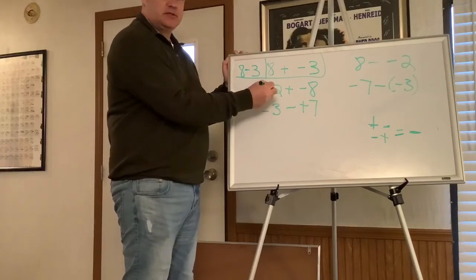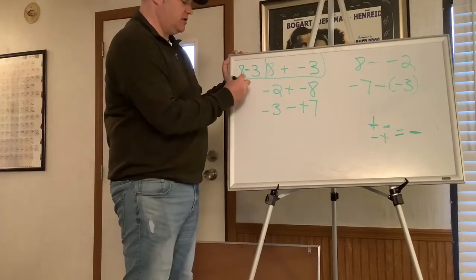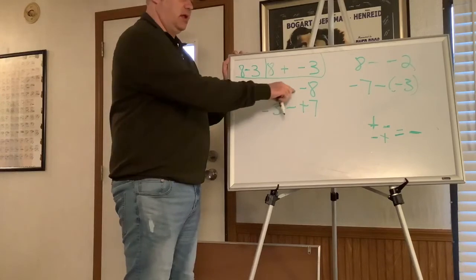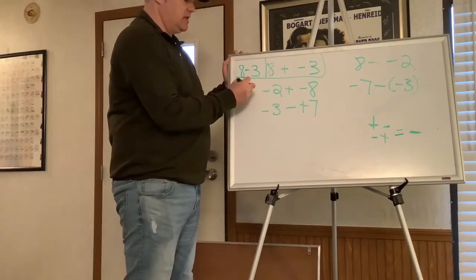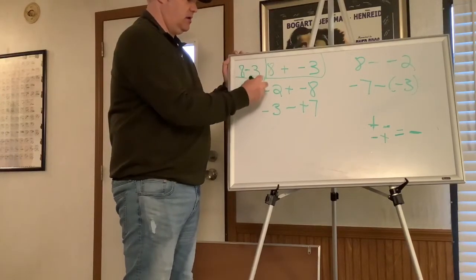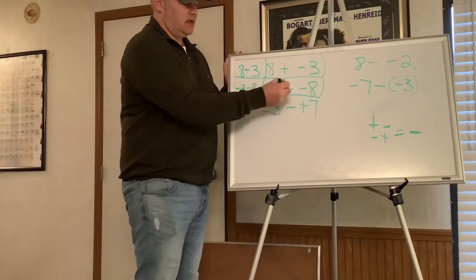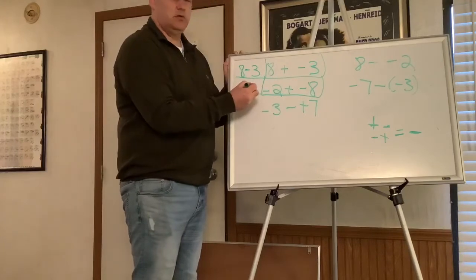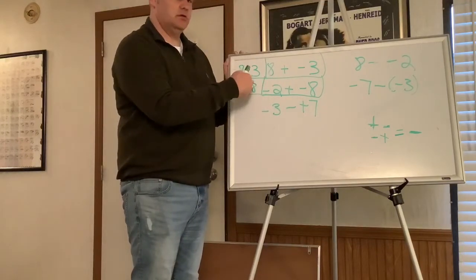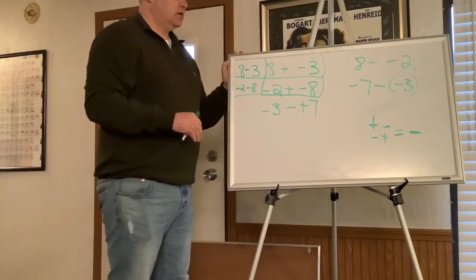This is not the double sign. So this stays negative 2, but then plus minus becomes minus 8. So this looks like negative 2 minus 8.